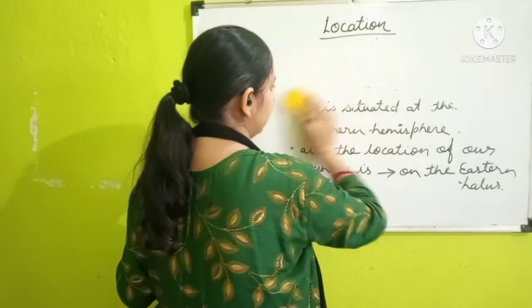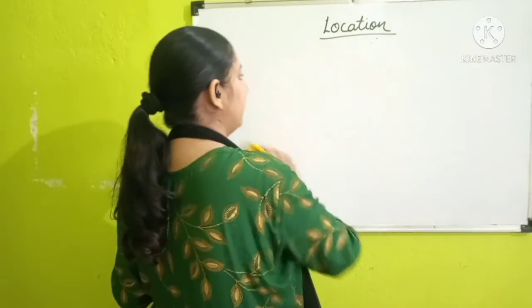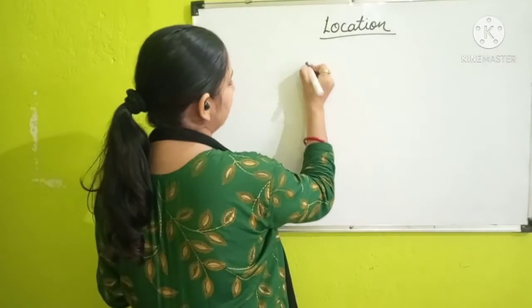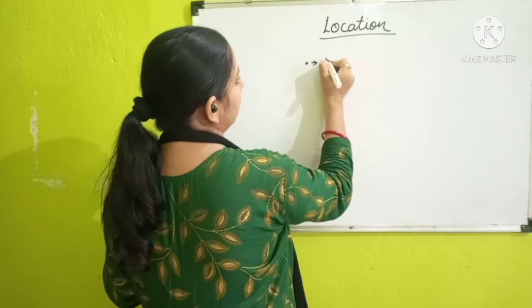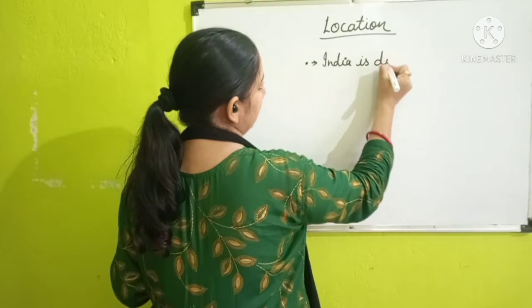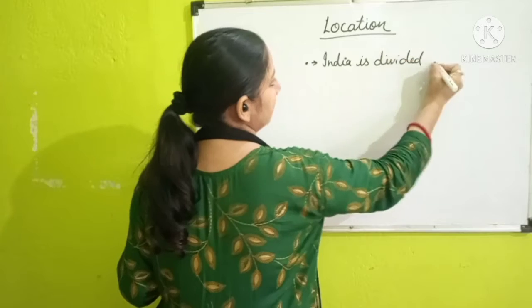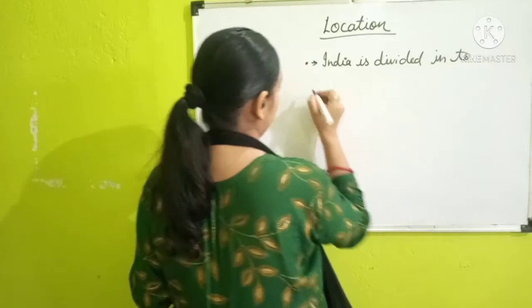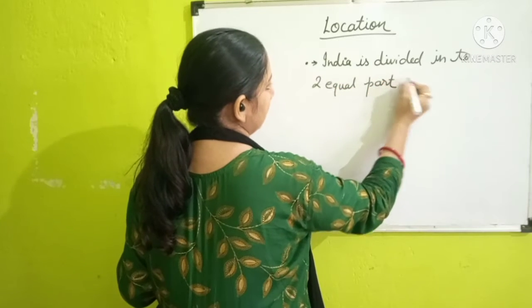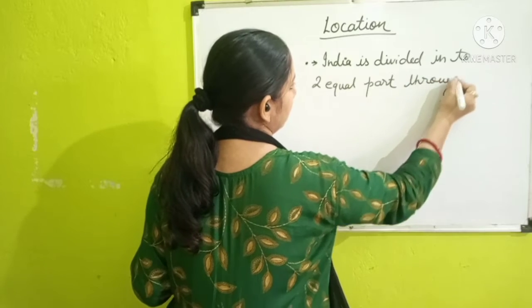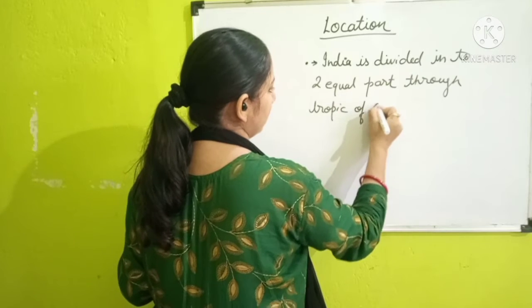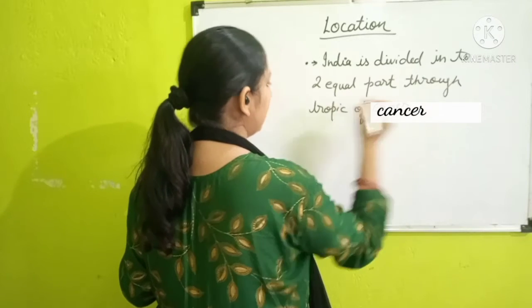If we divide the earth, other points are also there. Here we can say it is also divided into two equal parts through the Tropic of Cancer.